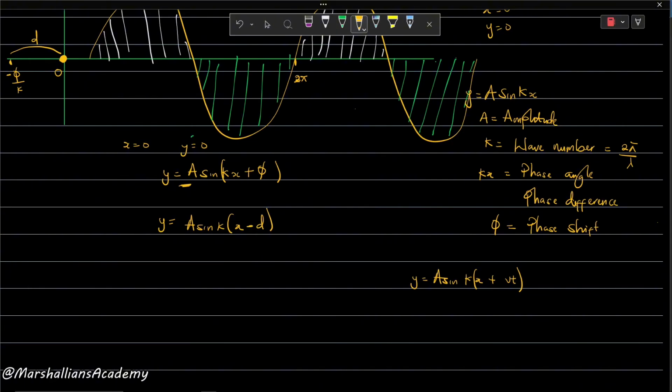You can accept with me that distance is a product of velocity and time, which means our equation now becomes A sine k into x minus velocity times time. Are we together? And that is how they got this equation, A sine kx minus vt.